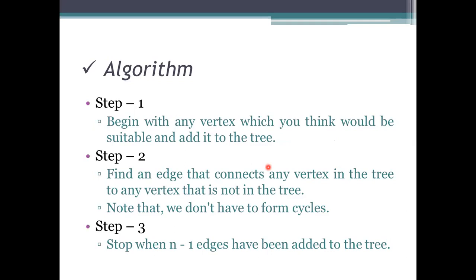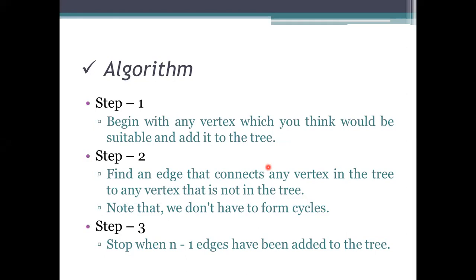So for the first step, we need to begin with any vertex. As I said, we should take the vertex from the vertex set, that is capital V. And we need to look at the edges connected to that vertex.